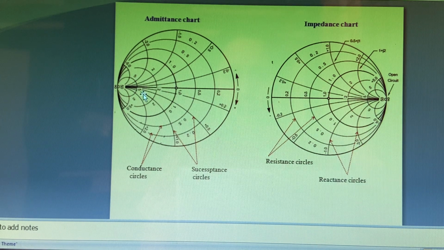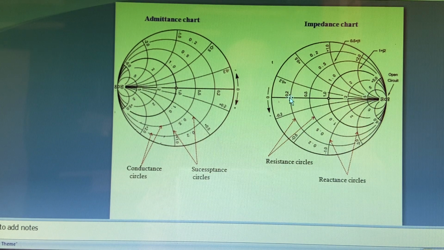The conductance value of each conductance circle is written here below the horizontal line, but in the impedance chart the resistance values are written above. That is the difference.